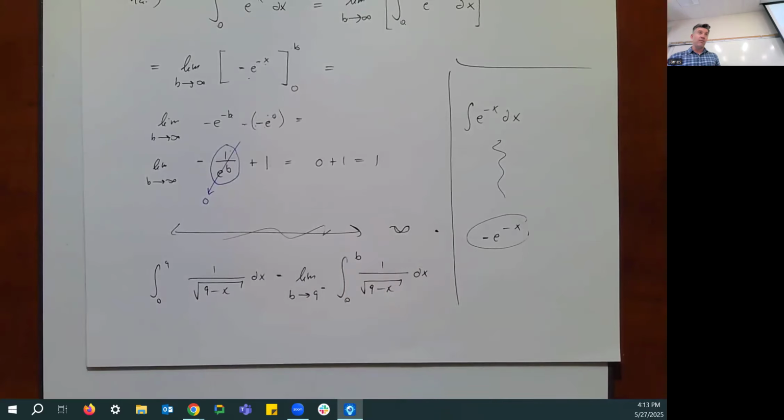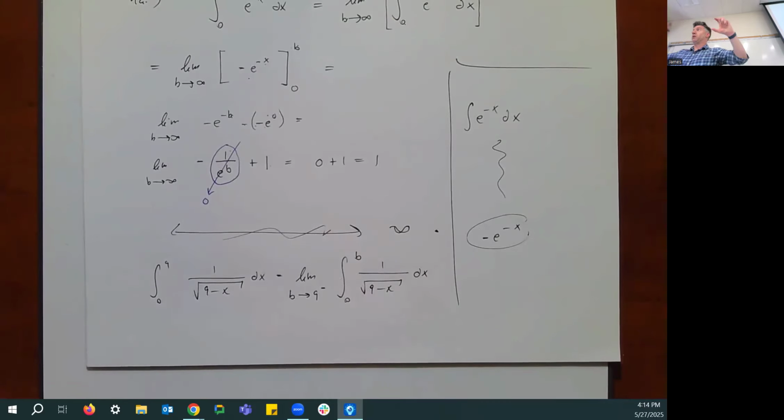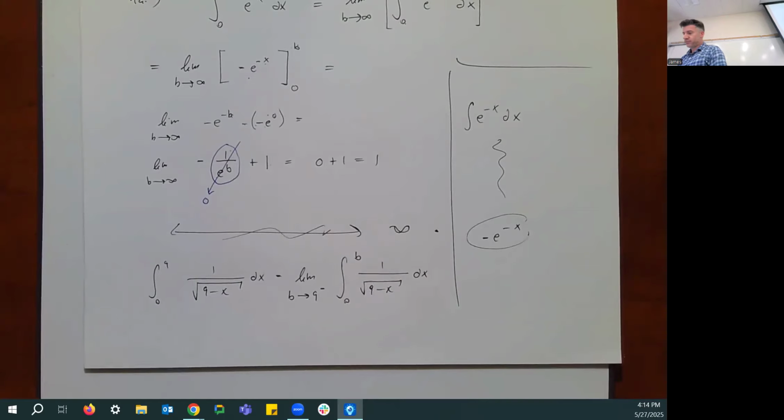Because 9 is the problem here, right? 9 minus 9 is 0, and 1 divided by 0 is undefined. So 9 is the limit of integration that has to get replaced. And since we're between 0 and 9, we are approaching 9 from the left-hand side.